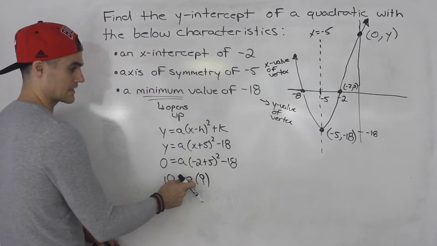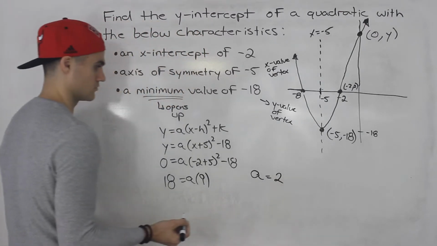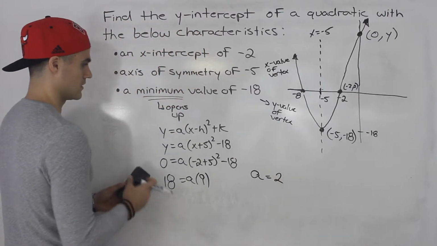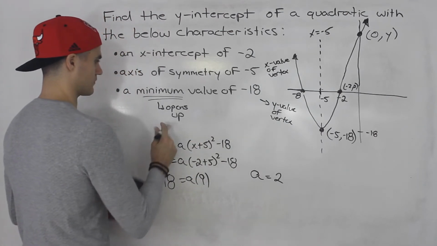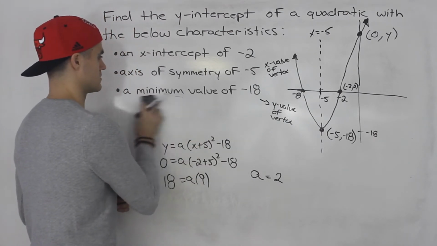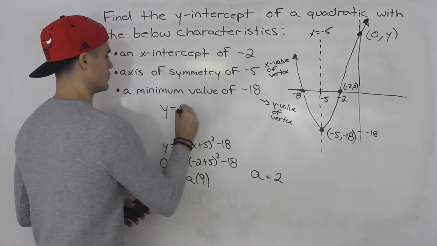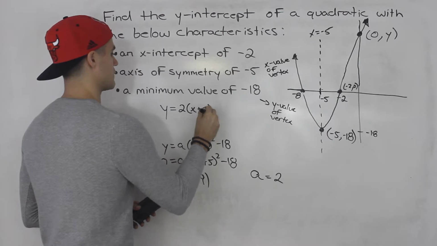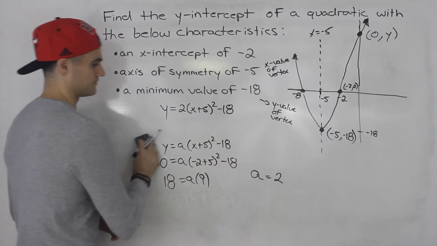Divide both sides by 9 to get a by itself, and we get an a value of 2. So the final equation is y is equal to 2(x plus 5) squared minus 18.